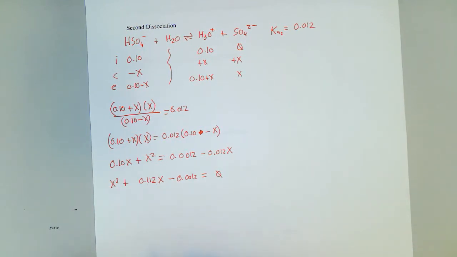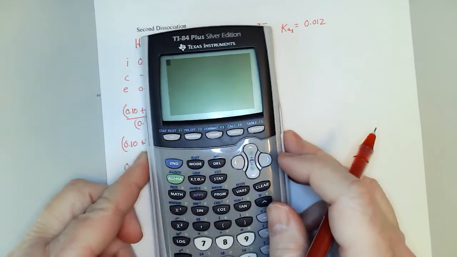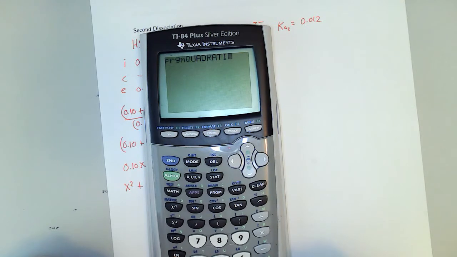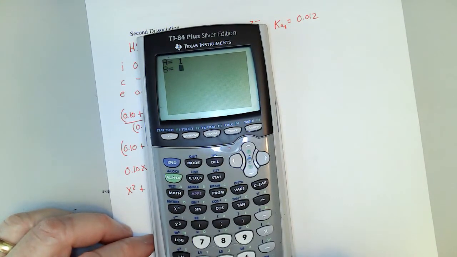Now, what I'm going to do is run that through a quadratic solver in a calculator, which I have here. Program, quadratics number 6. So A in this case was 1. B in this case was 0.112. And C was negative 0.0012. Did I do something wrong here?